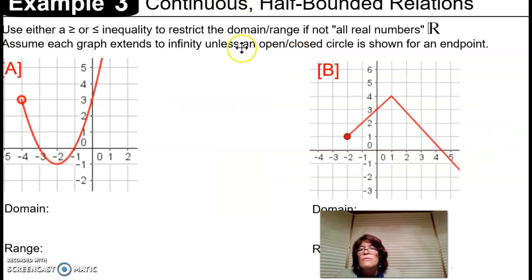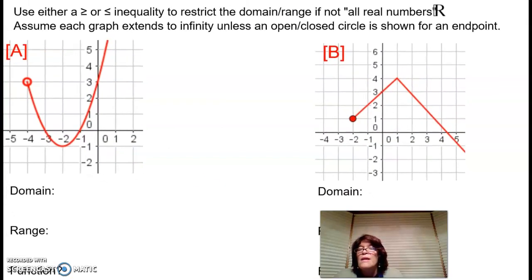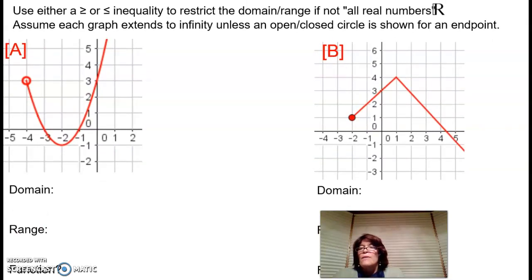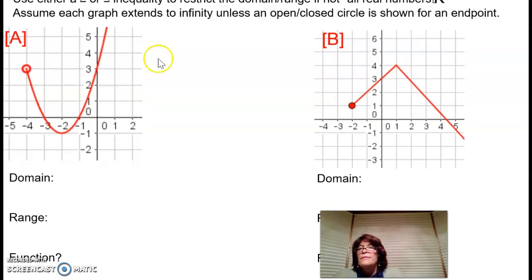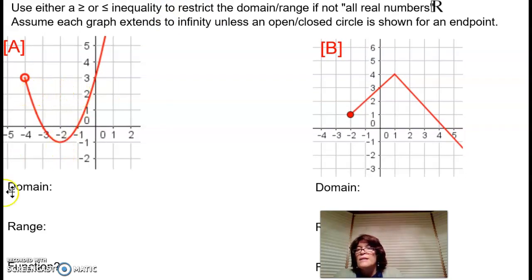Okay, here we go with some more of these continuous graphs. They're not asking, well, yeah, I guess they are asking if it's a function or not. So we have this nice function here, and we're trying to decide what the smallest x value is, which looks like right here at -4.